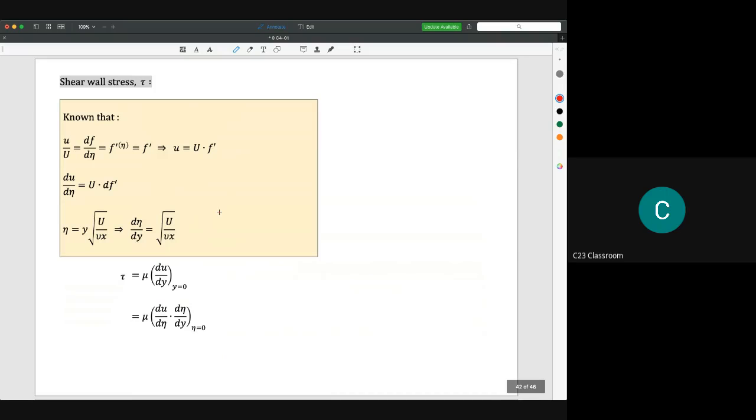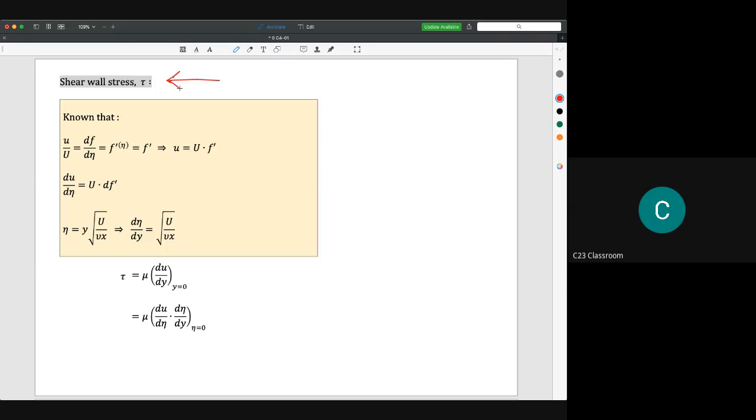Okay, now we calculate the same things. We start to calculate the shear stress, and then we could get the drag force, and then the coefficient of drag. So we start with this. Let's say we have u over U equal to f prime.